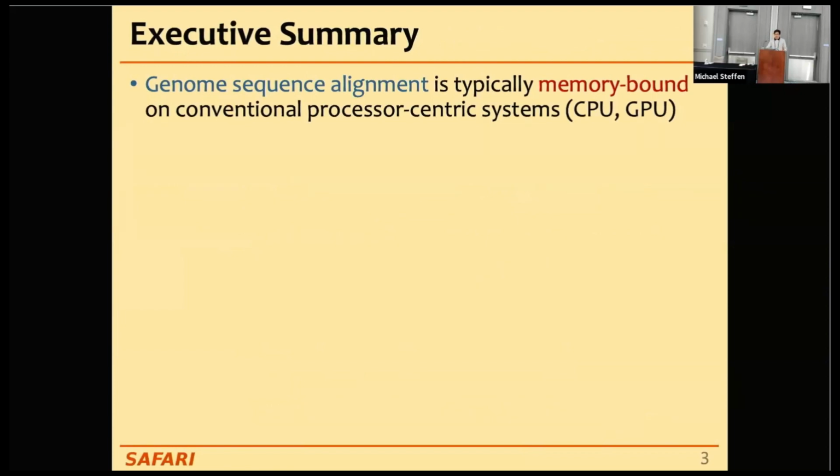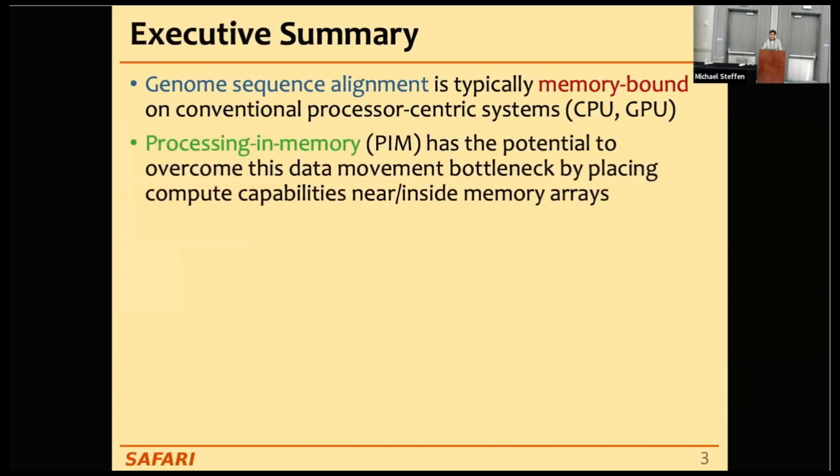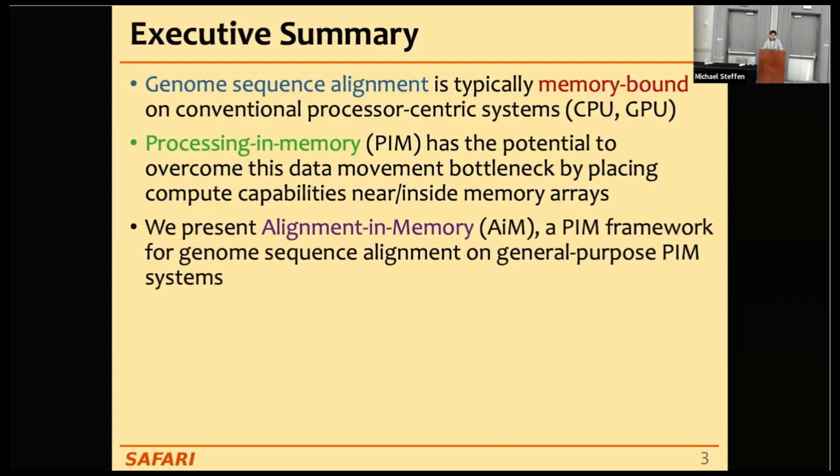First of all, genome sequence alignment is typically memory bound on conventional processor-centric systems like CPUs and GPUs, and processing in memory has the potential to overcome this data movement bottleneck by placing compute capabilities near or inside the memory arrays. In this work, we present Alignment in Memory, a PIM framework for genome sequence alignment on general purpose PIM systems.